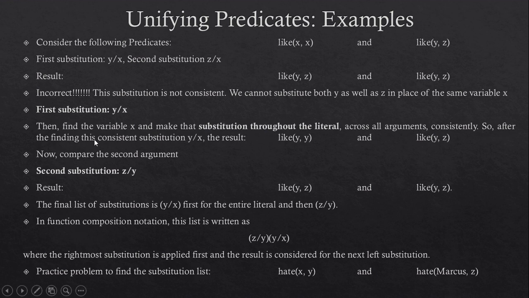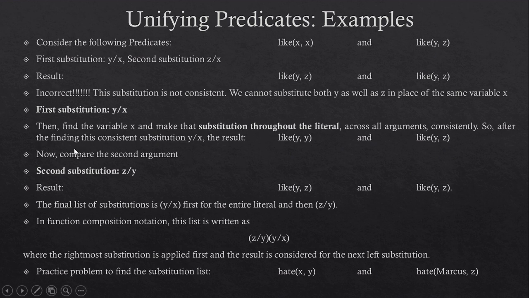So, after this consistent substitution across all arguments, which is y for x, the substitution will result in literals that are like(y, y) and like(y, z).